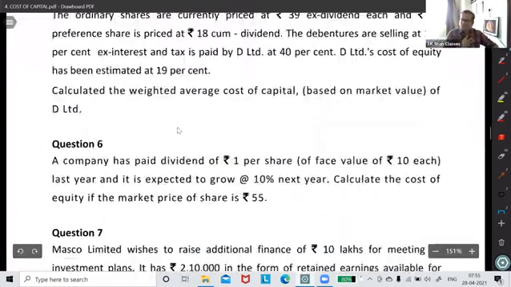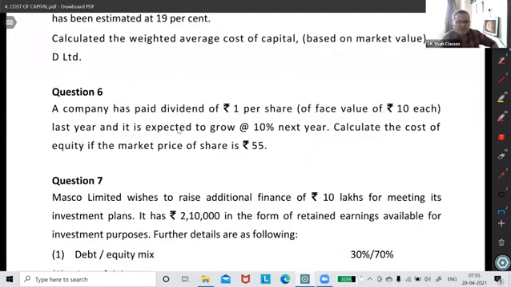Okay, let's understand this. A company, guys, pay attention to the words. Last question, expected to pay the dividend. What is written over here? Has paid. Has paid. So what is this? D0. Remember, you check your book. You have written D1 is equal to D0 plus G. Correct, people?